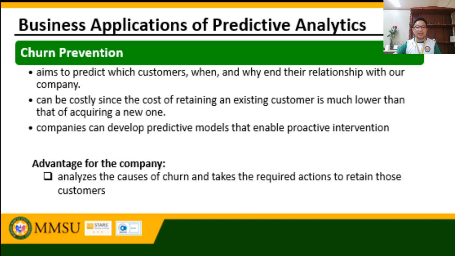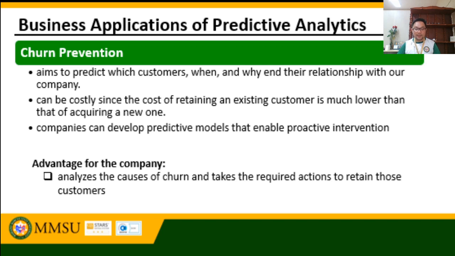Another business application is churn prevention. It aims to predict which customers will leave, when, and why, and their relationship with our company. Usually this churn prevention is applicable to telecommunications companies.